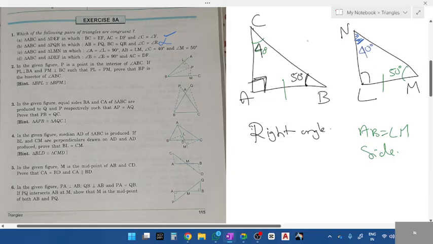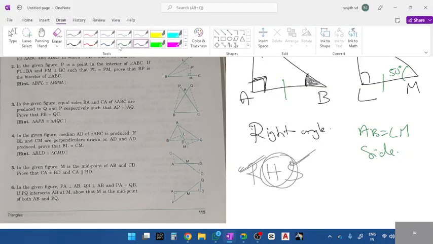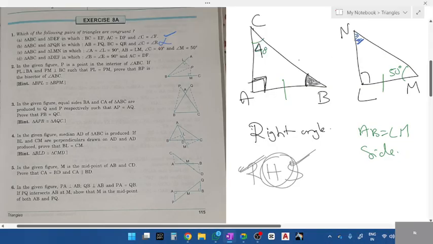40, right? Look, my question is, why did I tell you all to find the remaining value, students? The reason is, right angle is given, one angle is equal, but here, what is B and what is M? B and M are in the same position, but the values are not given. If it follows the RHS criterion, what is RHS? It should have a right angle, one side should be the same, and what about this H? Which is the hypotenuse here in the first question?